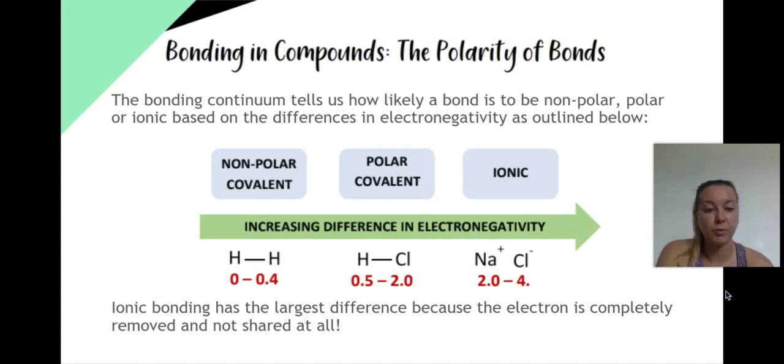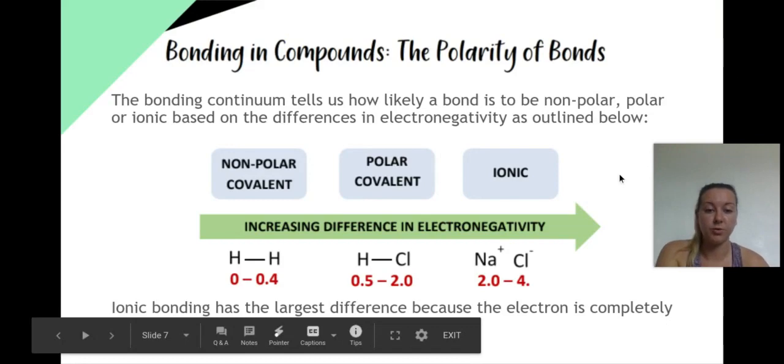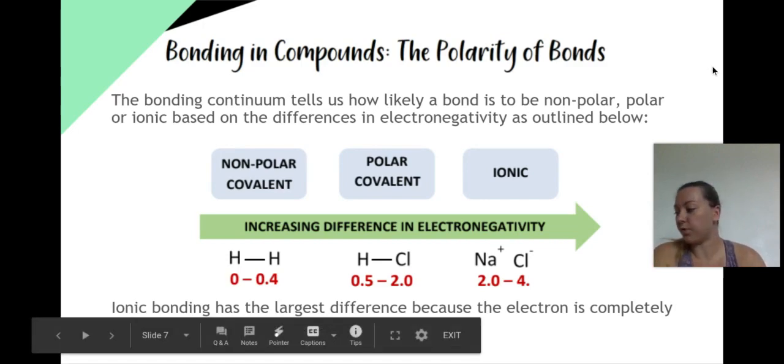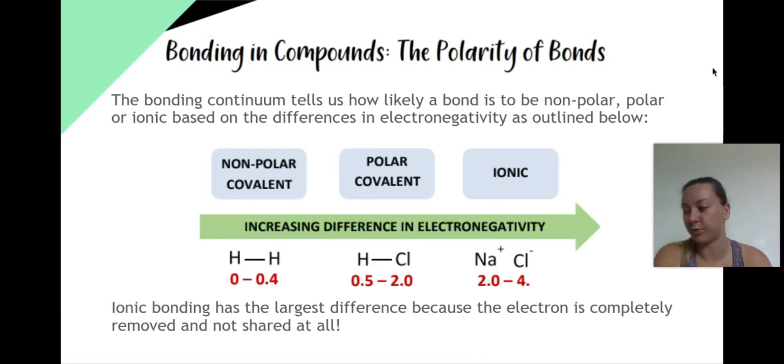Chlorine is so much more electronegative than sodium that sodium doesn't even hold on to the electrons a little bit. It just completely lets them go, which we already know through ionic bonding knowledge. So, hopefully that is enough information for you to fill in the blanks in your booklet.